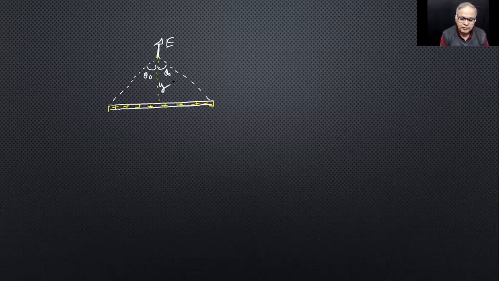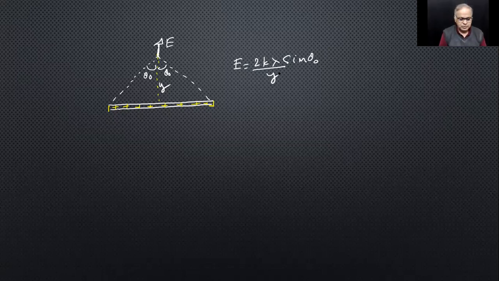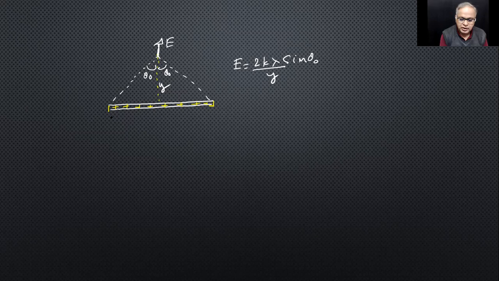That one we calculated in terms of this and y. And how much is that? 2k lambda sin theta naught by y. K is 1 by 4 pi epsilon 0. Just not to crowd the thing by writing all that, we are just writing it as k. Let me write what sin theta naught is. For that, I'll take this length to be 2a or 2l, doesn't matter.